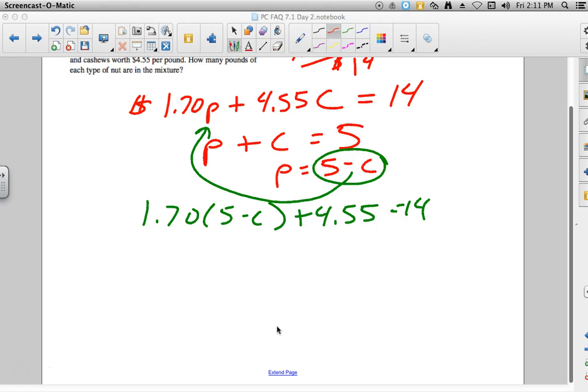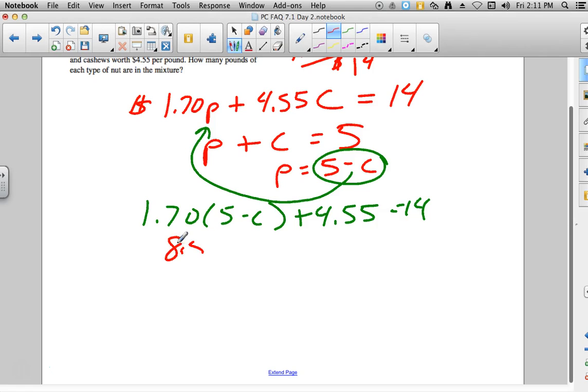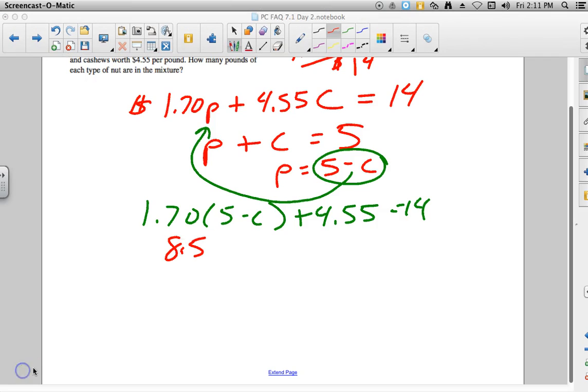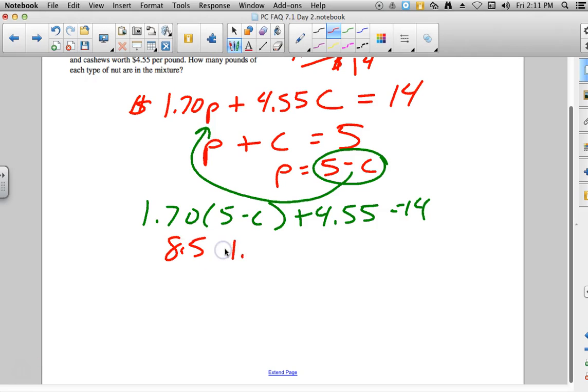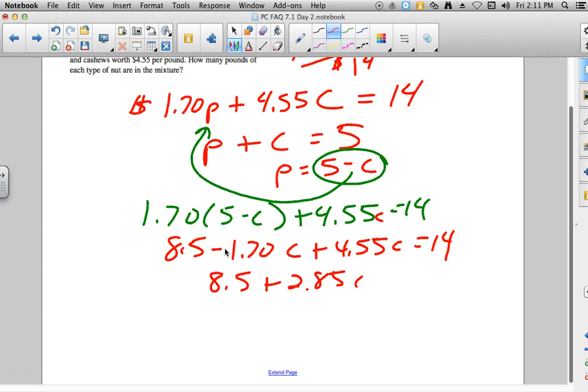So this would give us 8.5 minus $1.70C plus $4.55C equals 14. So 8.5 plus 2.85C equals 14.